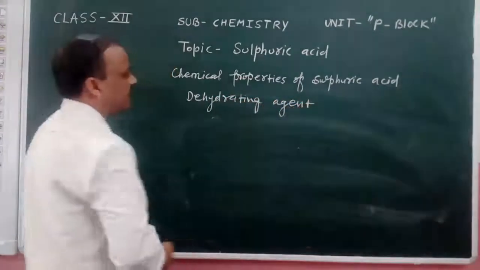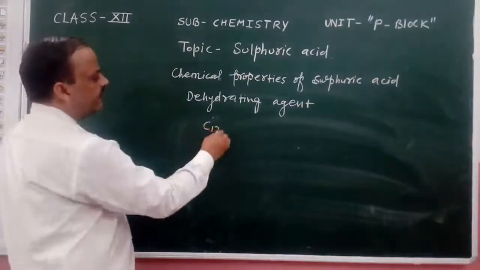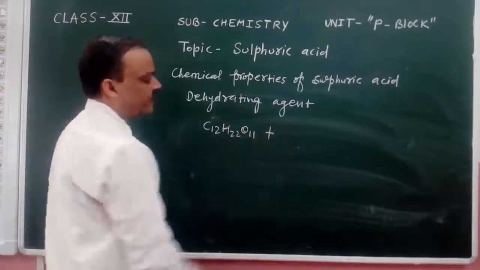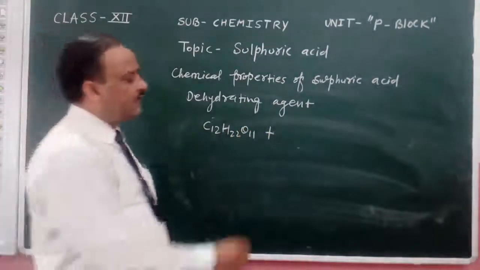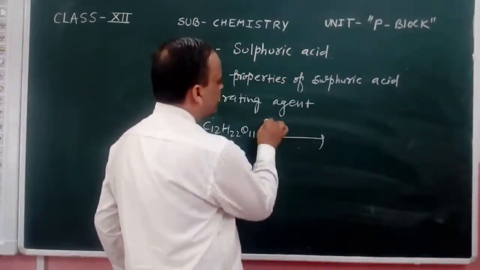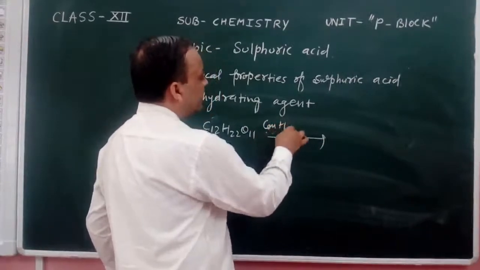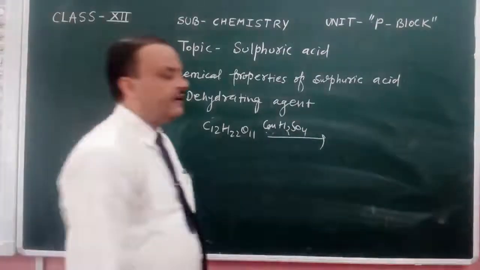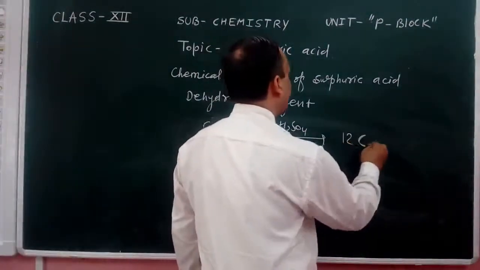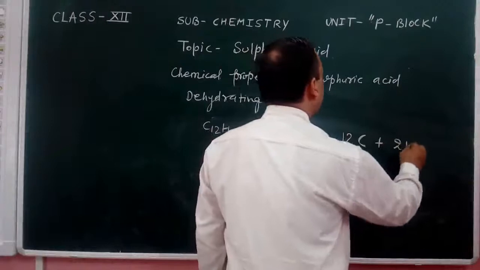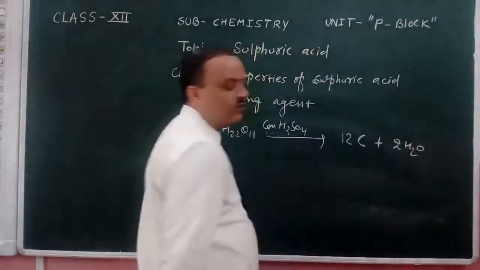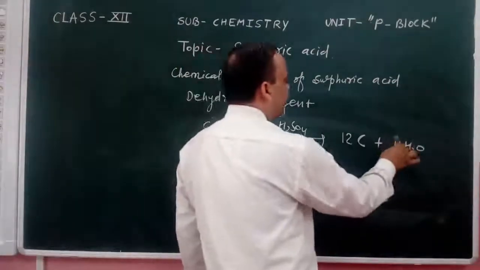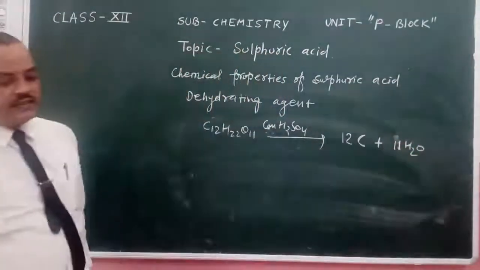When we react C12H22O11 with concentrated H2SO4, we get 12 carbon plus 11 H2O, so water molecules are removed.